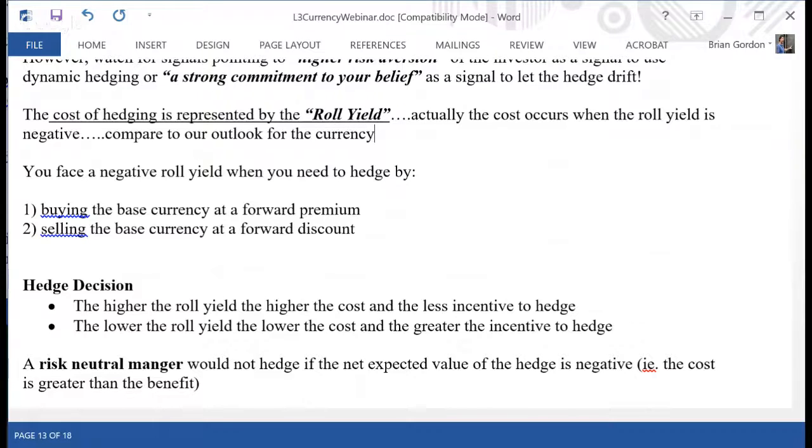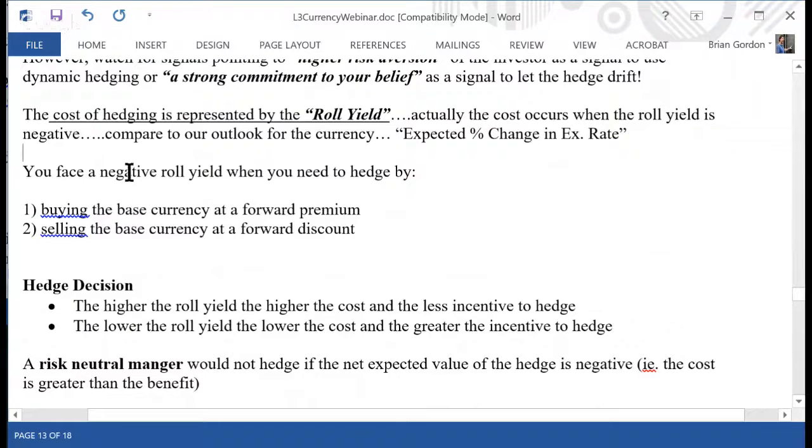And this outlook for the currency may be called the expected percentage change in the exchange rate. And there it is. They're just going to use this language. So we just have to focus in and be able to take this away. And I think we can very easily by knowing what we're looking at.